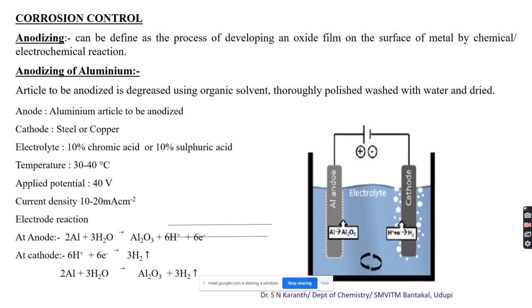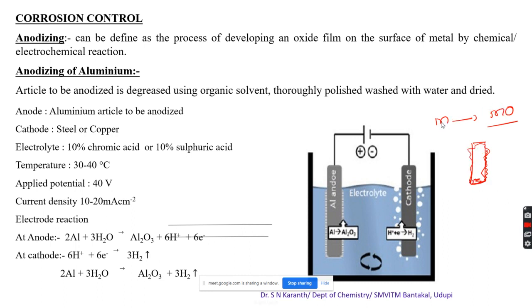Anodizing is the conversion of a surface into metal oxide. So a metal is present, and this metal we convert into the metal oxide form. The surface metal is changed into metal oxide and gets deposited over the surface of the metal.